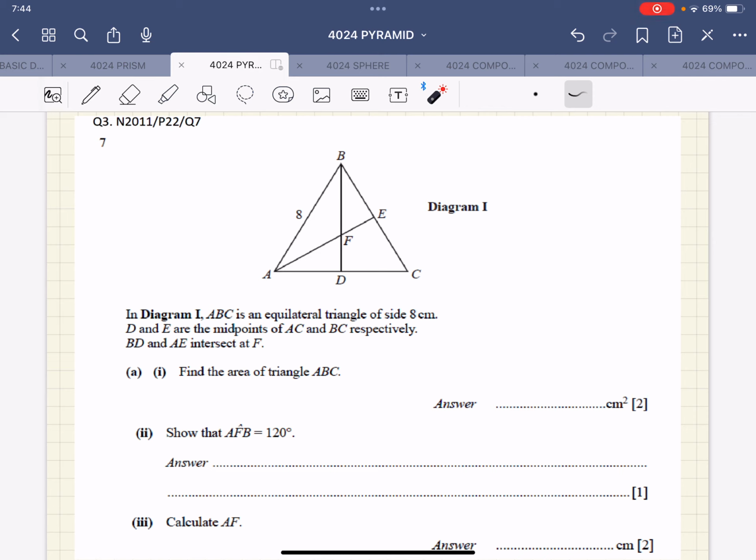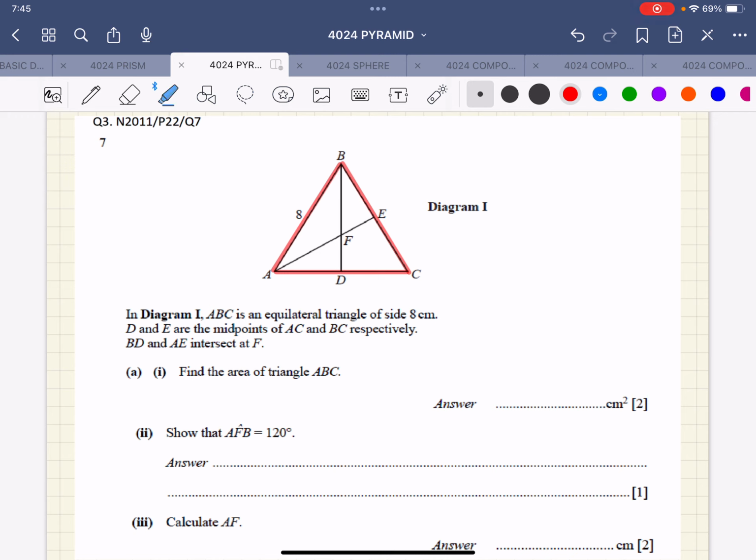BD and AE intersect at F. There is F over here. Find the area of the triangle ABC. That I'll do in a short while. Now, first of all, let me just highlight the 3 sides over here. This is 1, 2, and 3.